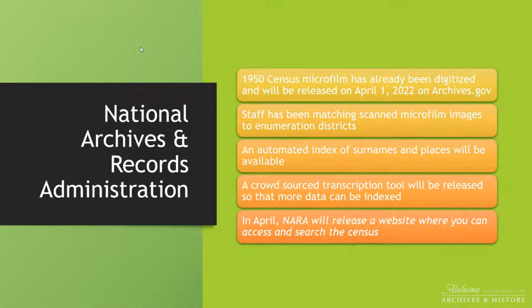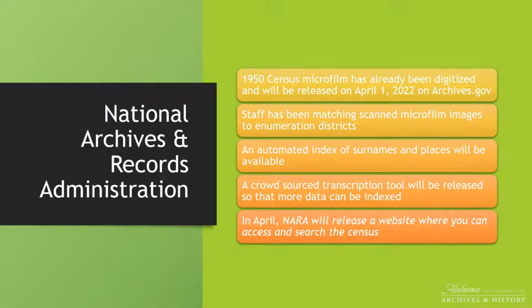on archives.gov. From what I've been able to gather, they're actually going to have their own website that they're creating that you can access a lot of this information. There's going to be an automated index of surnames and places that will be available as well through NARA.